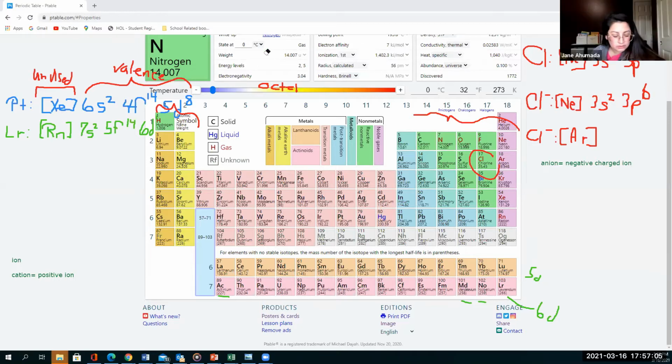Dr. Henry, does this only apply to the lanthanoids and the actinoids? Yes, it mainly applies to those. However, in all honesty, it applies to everything generally, but it's more apparent with those, and also the transitional metals. So it's the transitional metals, the lanthanoids and the actinoids.